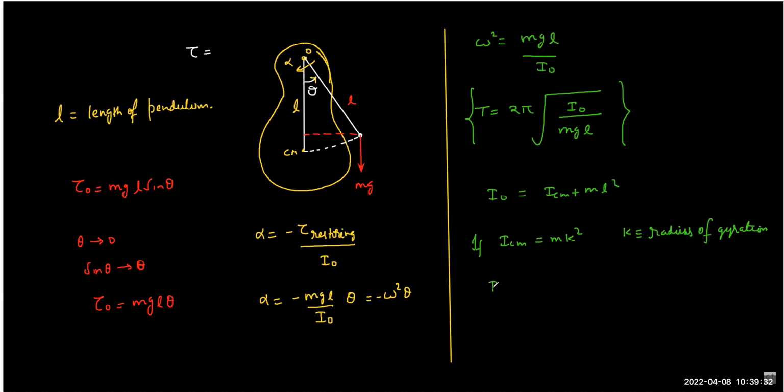So the I naught becomes a really nice formula. It's M times K square plus L square. And that is where you can realize something, that it is independent of mass. So it depends mostly on geometrical property.